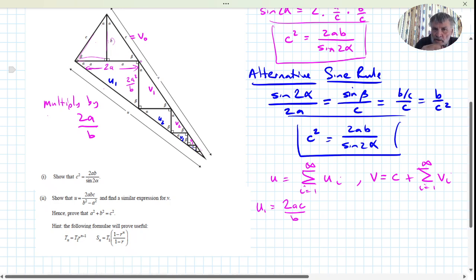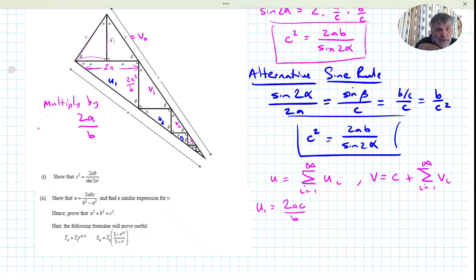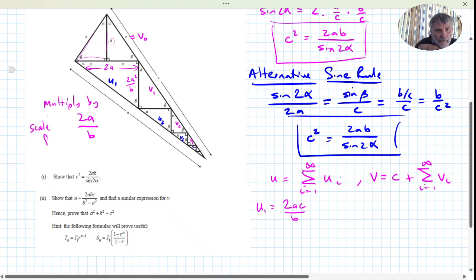We've only got one side known of that bigger one, so we have to find the corresponding side on the smaller triangle, which was this b. And because they're similar triangles, they must be multiplied by the same constant factor, scale factor. And we found that the scale factor is 2a over b, so this is the scale factor.